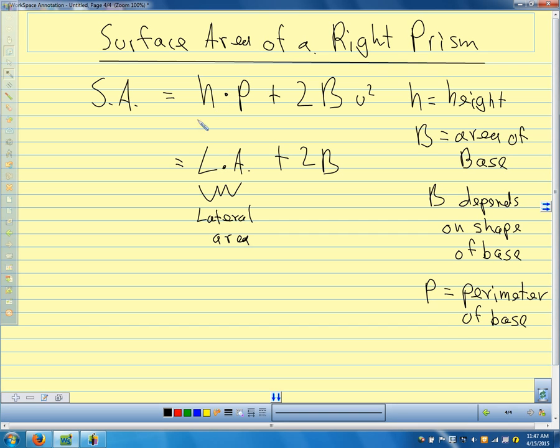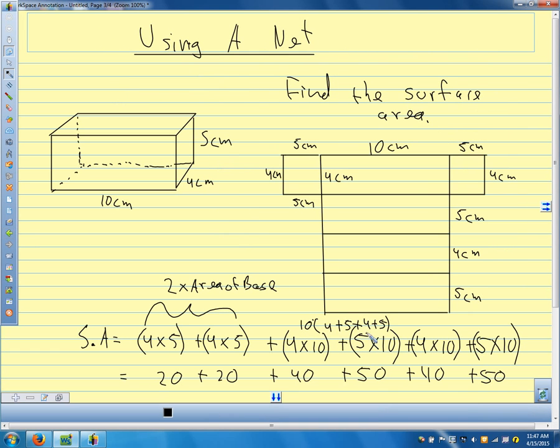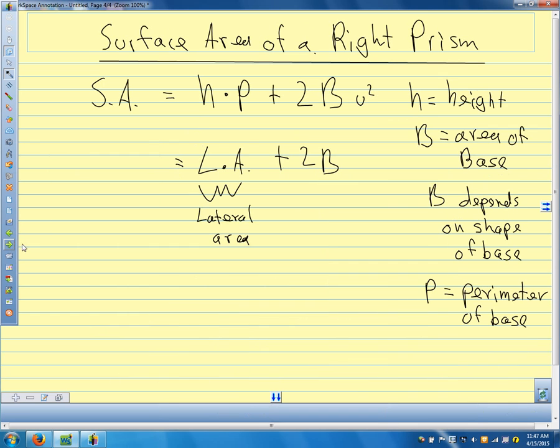P is the perimeter of the base, and if I go back here, that's what we got when we added all these up. When we pulled that 10 out, we got the perimeter of the base.